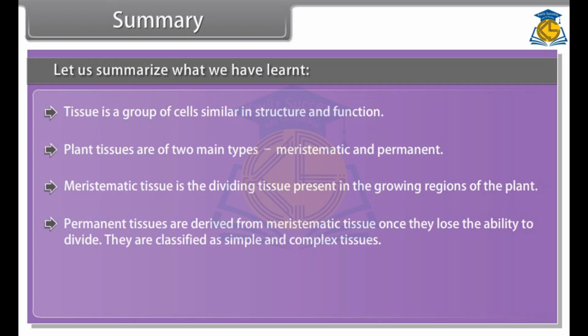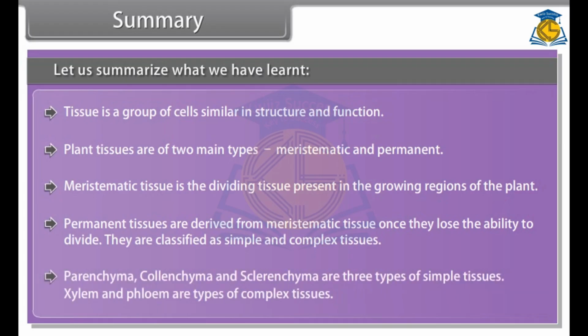Permanent tissues are derived from meristematic tissue once they lose the ability to divide. They are classified as simple and complex tissues. Parenchyma, collenchyma, and sclerenchyma are 3 types of simple tissues. Xylem and phloem are types of complex tissues.